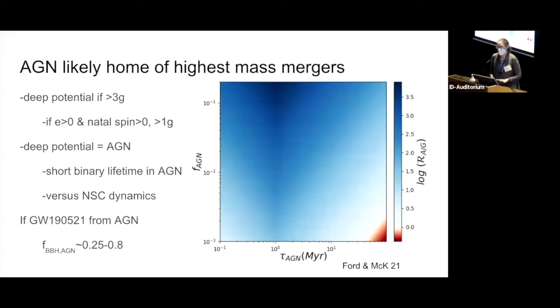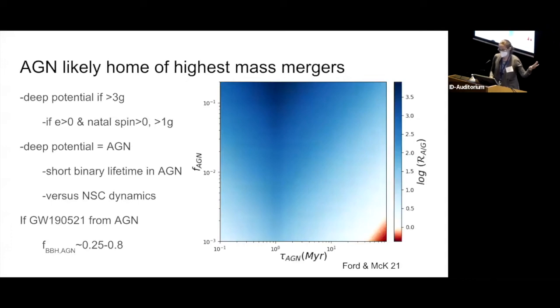And so if you say that, then you can decide what fraction of the mergers that come from galactic nuclei might come from active or quiescent. Depending on the lifetime of an AGN disk and what fraction of galactic nuclei you're going to count as active, that have this dynamical cooling effect, the blue regions of parameter space are where the AGN win.